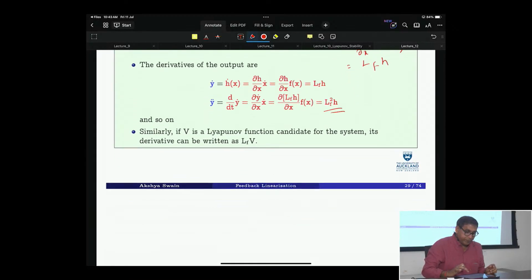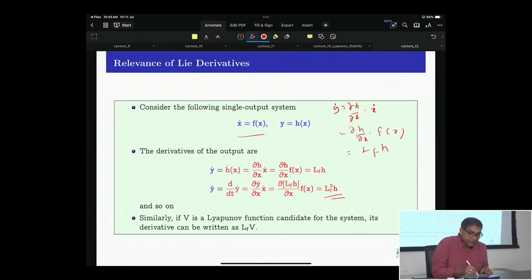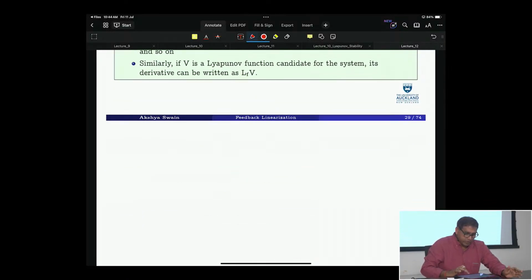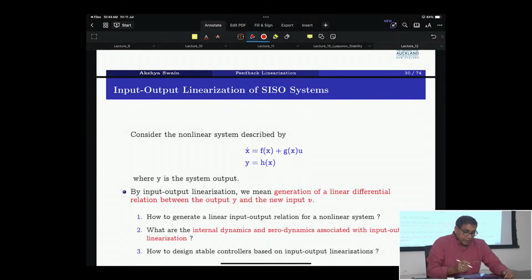One more piece of mathematics, then I will close it. Now suppose x dot is equal to f(x) plus g(x) u, and y is equal to h(x). What is y dot?